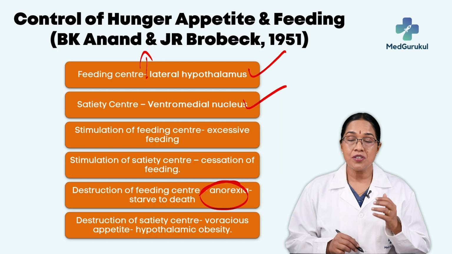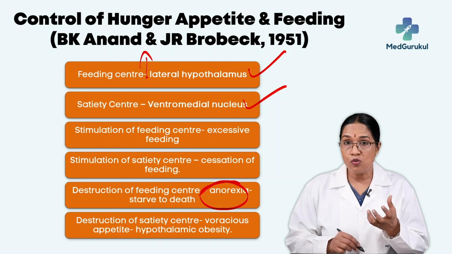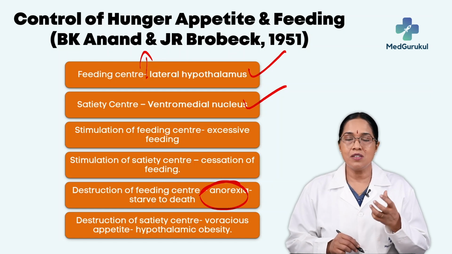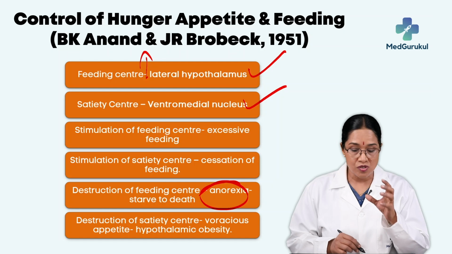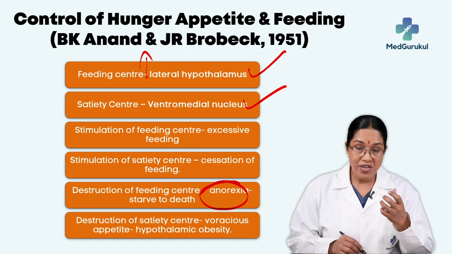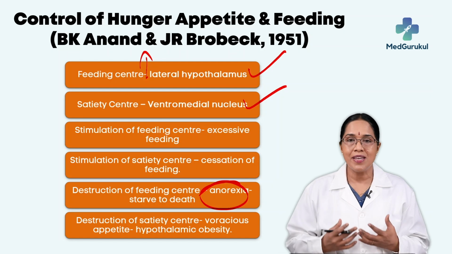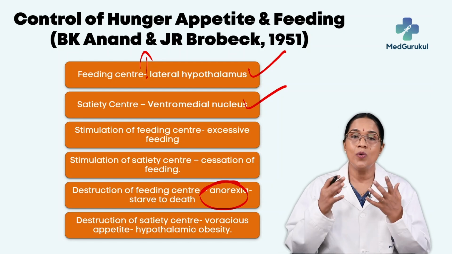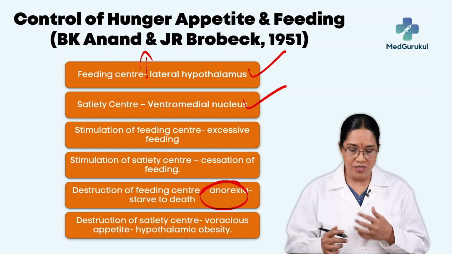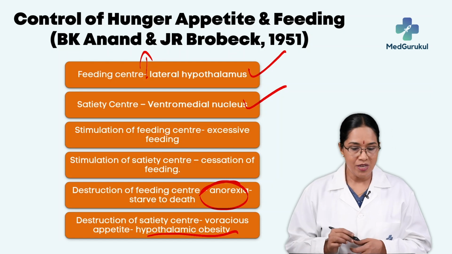Now, when the satiety center, that is the ventromedial nucleus, is destroyed, the animal goes into voracious appetite. That means he is not able to stop eating. He continuously eats. There is voracious appetite which leads to a particular obesity which we call hypothalamic obesity.